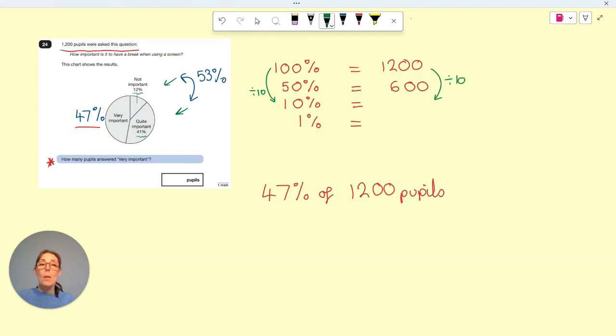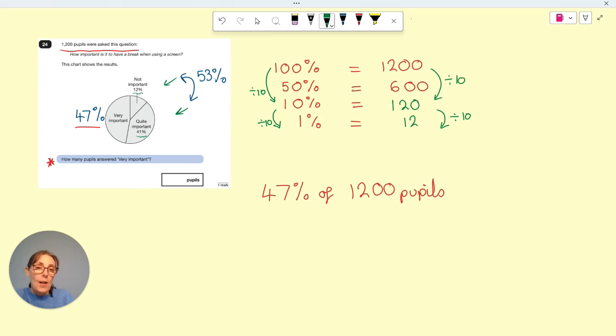So we go up a place value if we multiply, and down a place value if we divide. So we're dividing by 10. So that's going to be 120, isn't it? And then we're dividing by 10 again. 10 divided by 10 is 1. So 120 divided by 10 is 12.